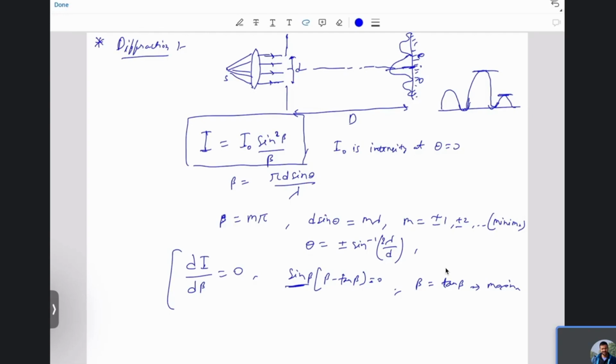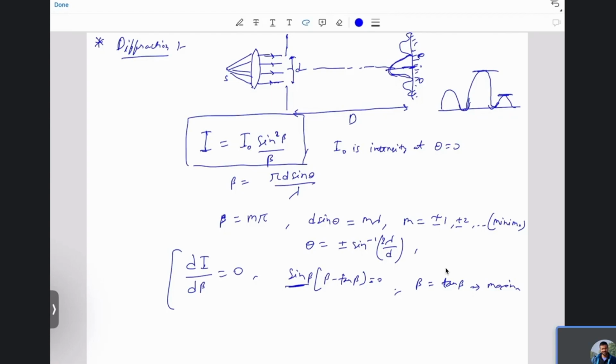Now one can ask, what will be the distance between two minima or two maxima? How can you calculate it? Yeah, two minima. Yeah, that is the distance of the center.